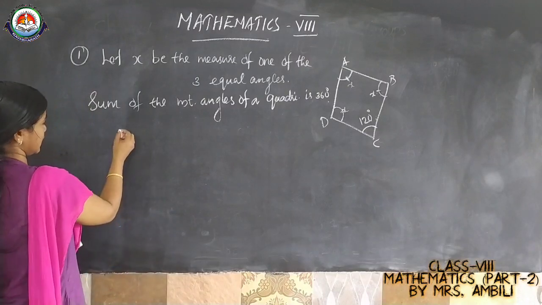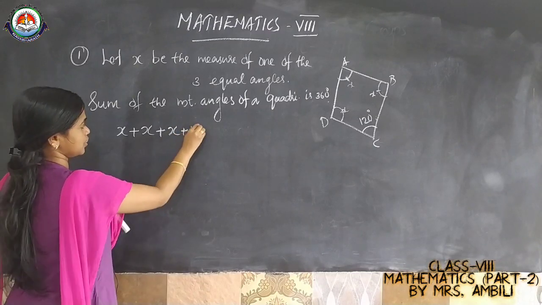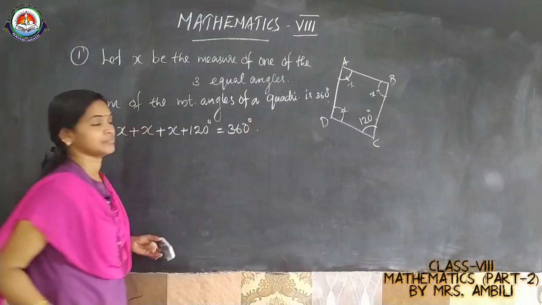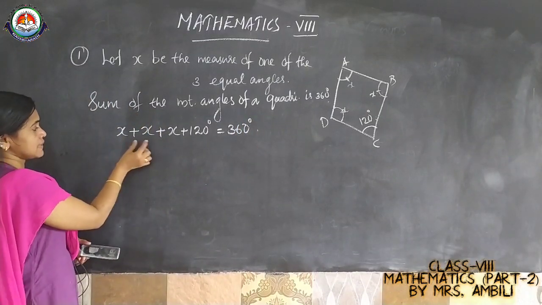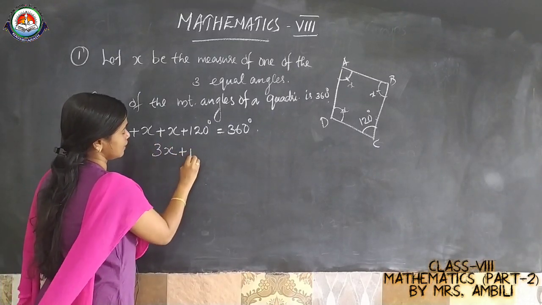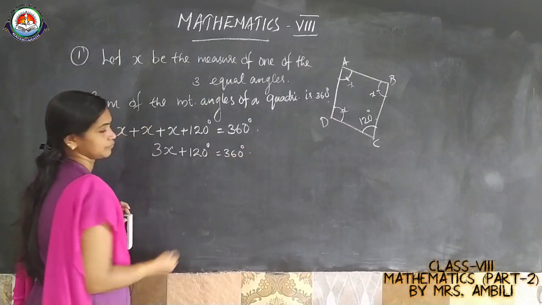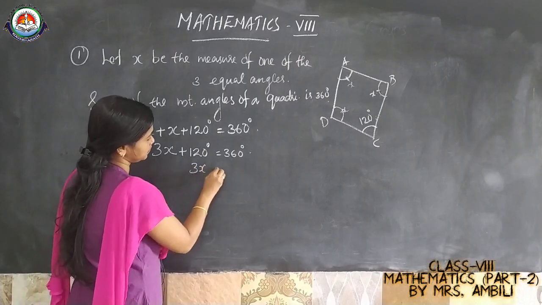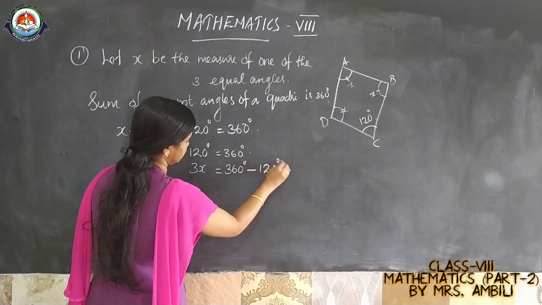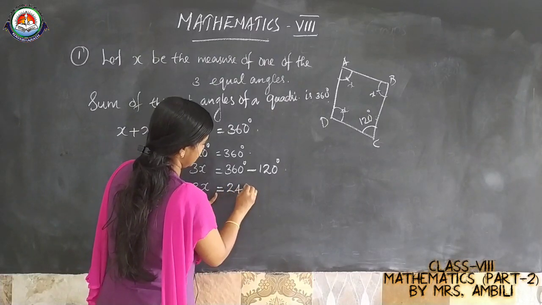So, how can we write it? x plus x plus x plus 120 degrees equals 360 degrees. Clear? What is x plus x plus x? 3x. So, we can write 3x plus 120 degrees equals 360 degrees. So, 3x equals 360 degrees minus 120 degrees. 3x equals 240 degrees.